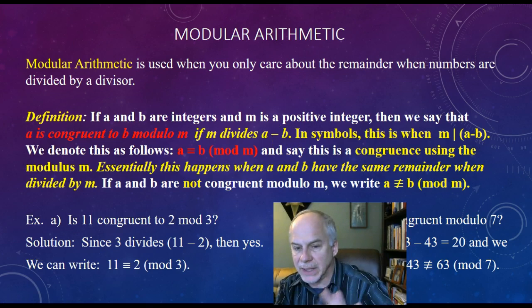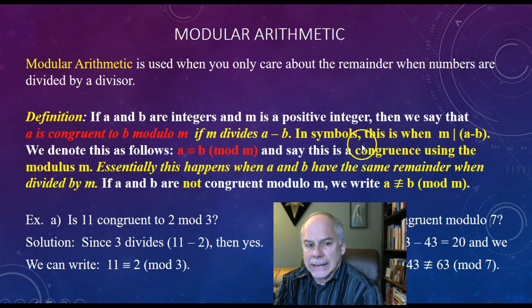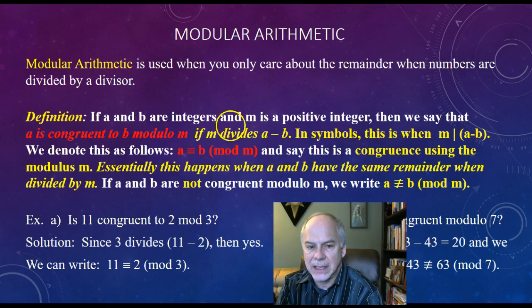Now this takes a little bit of getting used to. Let's talk about it some more. In symbols, this is when m divides a minus b. Okay, so we use that vertical line for divides. Now, we denote it congruent using the triple equal sign, three-line equal sign.